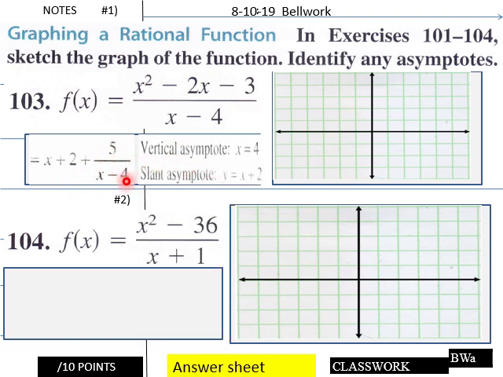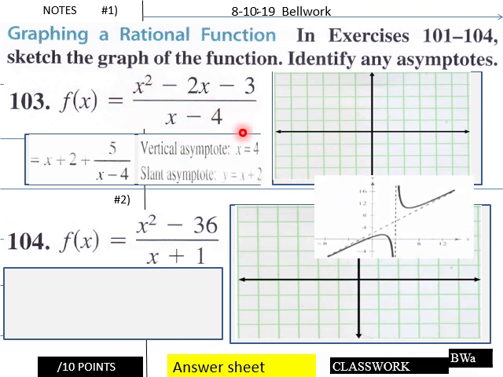In this case, our vertical asymptote will be x equals 4. That'll be a 0 in the denominator. That'll be a vertical asymptote over here. And then we have a slant asymptote of x plus 2 for this function.